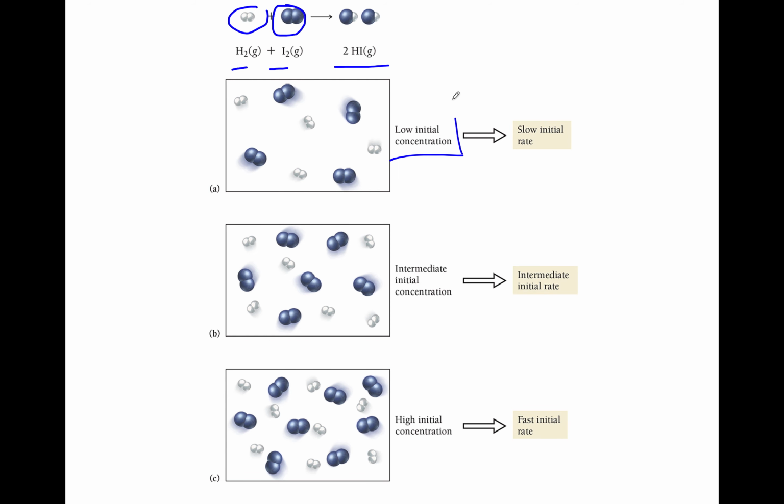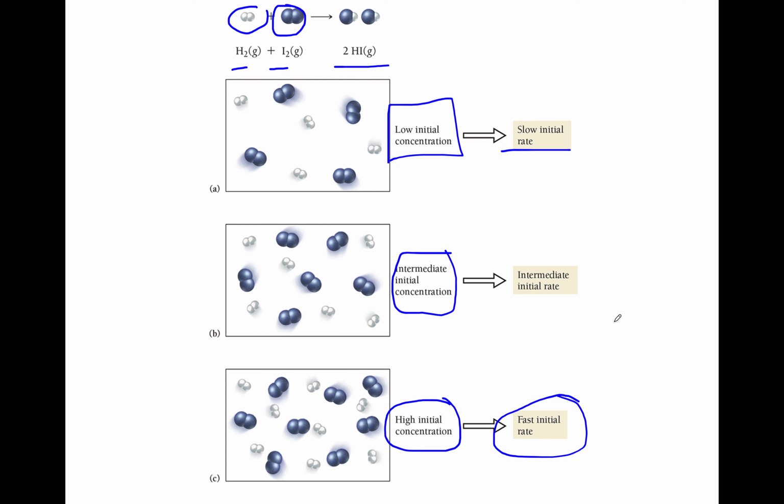If you have a low initial concentration, it's going to be slow. They are not likely to collide because there's a low initial concentration. If you start increasing concentration, and increase it even more, then the rate is going to go up and up. So it's just a little overview on rates.